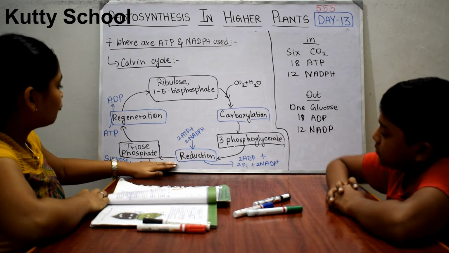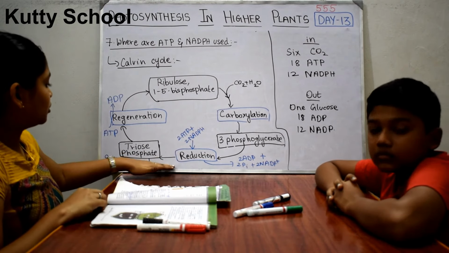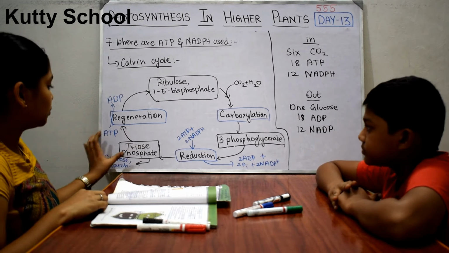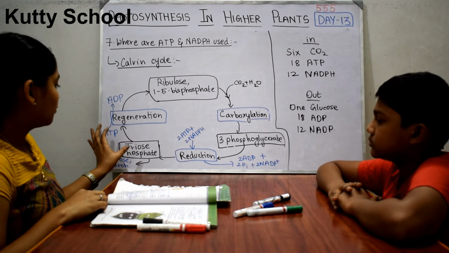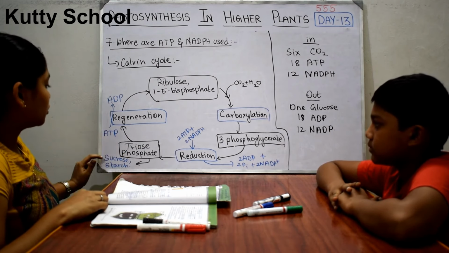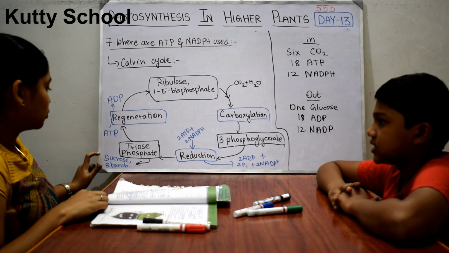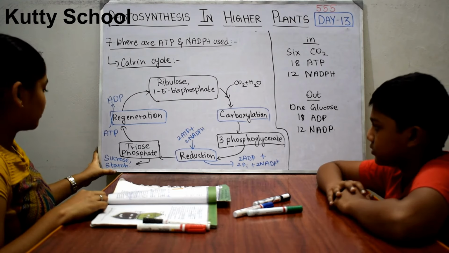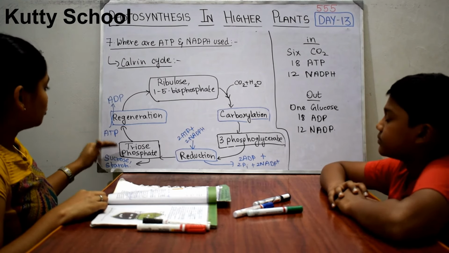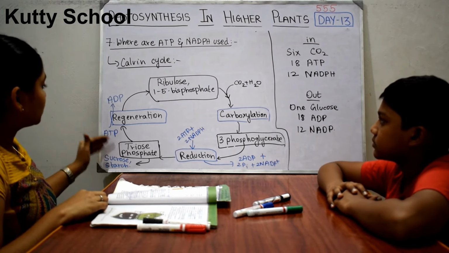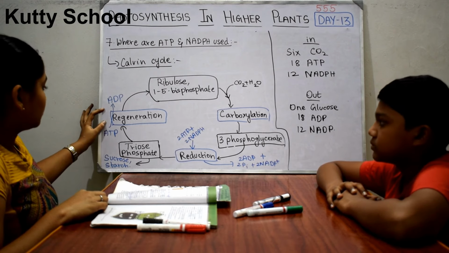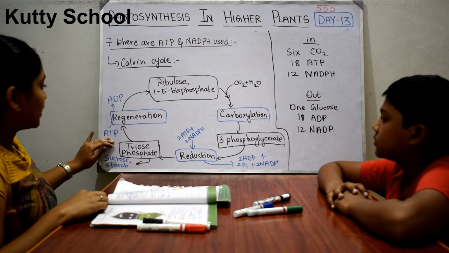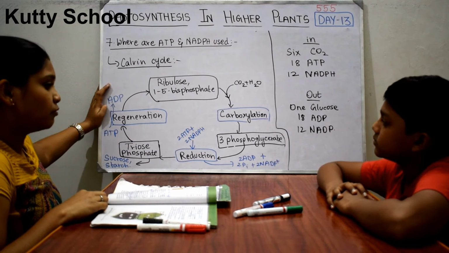After reduction, it produces triose phosphate. From this triose phosphate we get sugar, sucrose, and starch. After producing this, the triose phosphate undergoes regeneration. In this regeneration process, it uses one ATP and releases one ADP for one carbon.